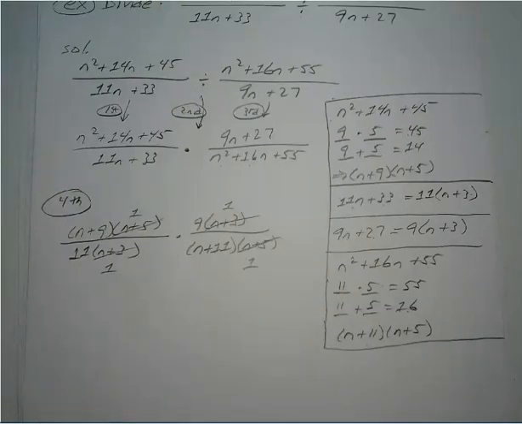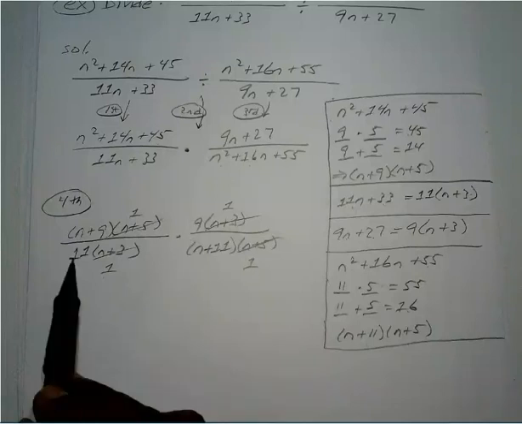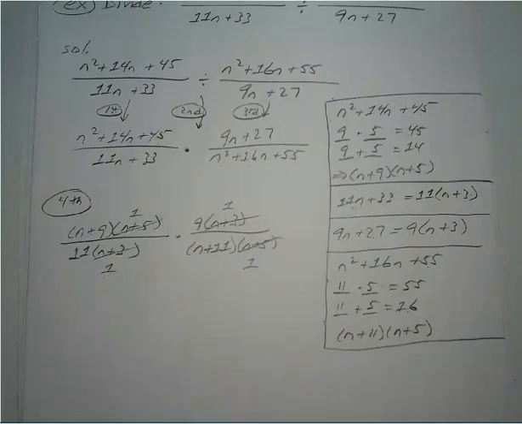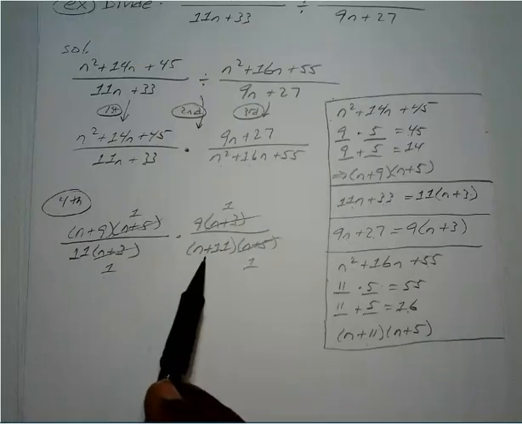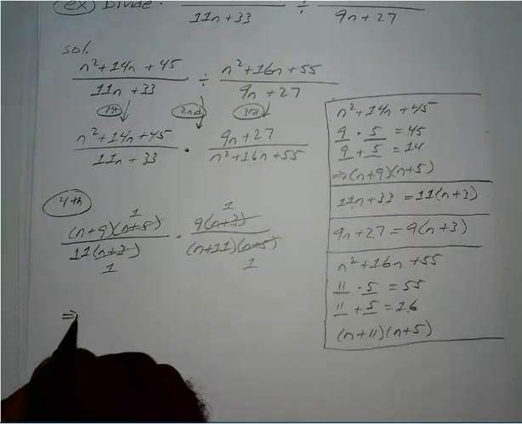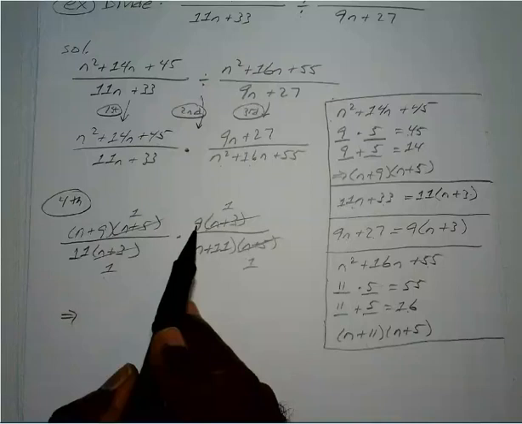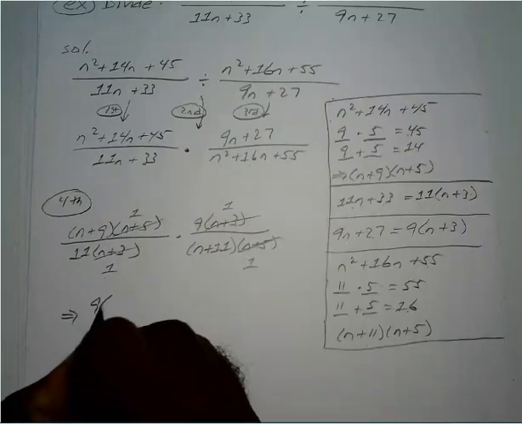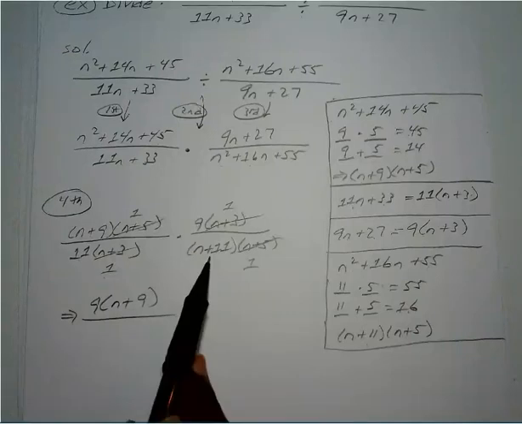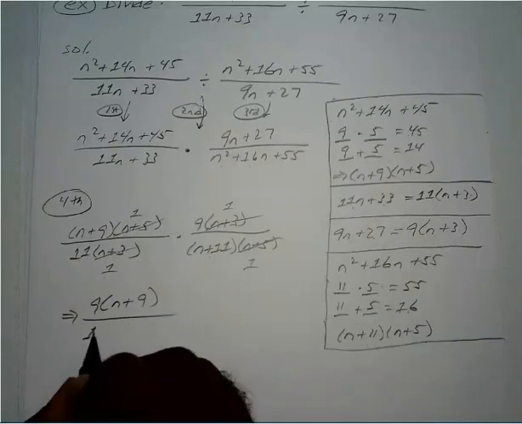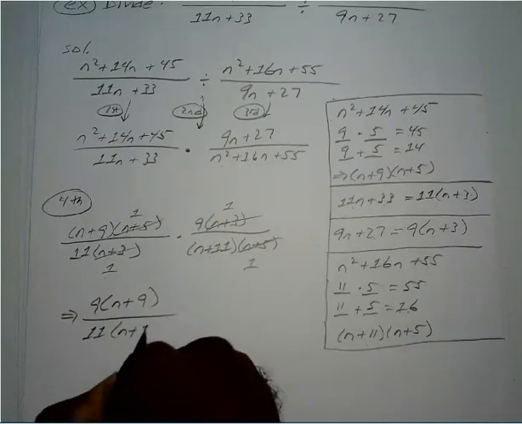Okay, so this 9 and 11 don't have anything that could cancel out anywhere. This n plus 9 doesn't cancel out with this n plus 11. So we're stuck with 9 times n plus 9 over 11 times n plus 11. Sorry about that.